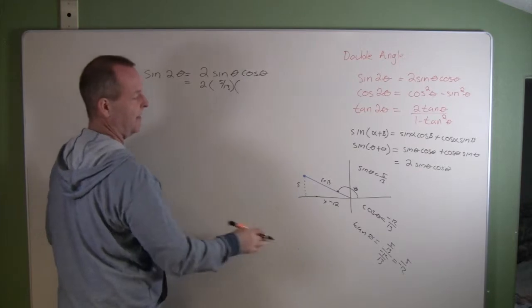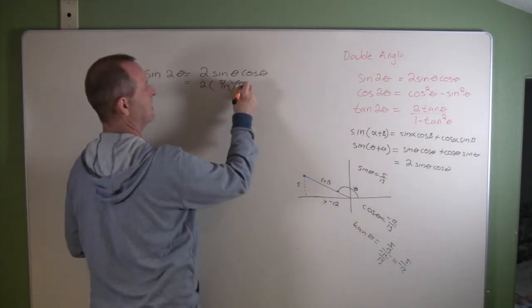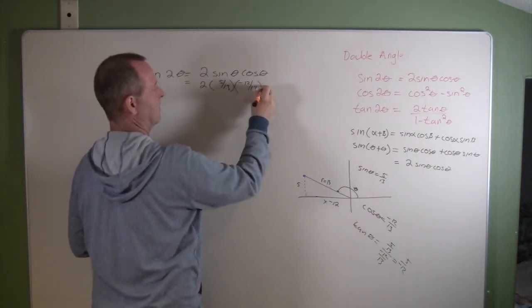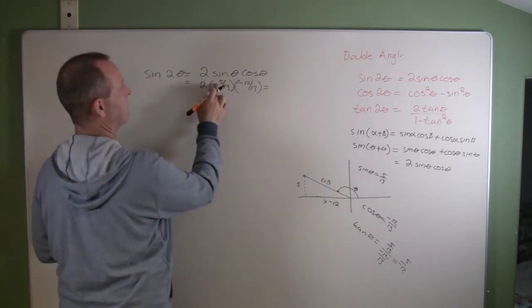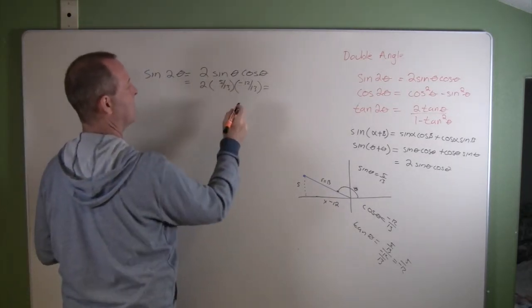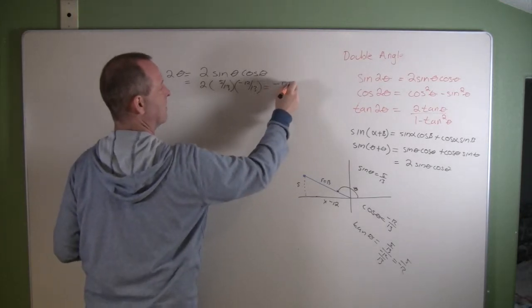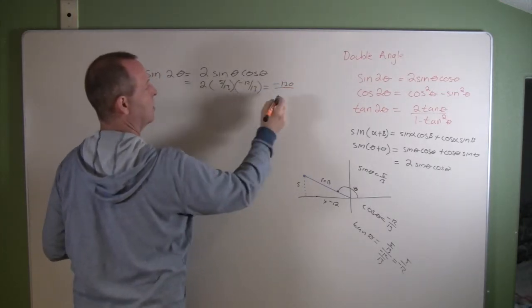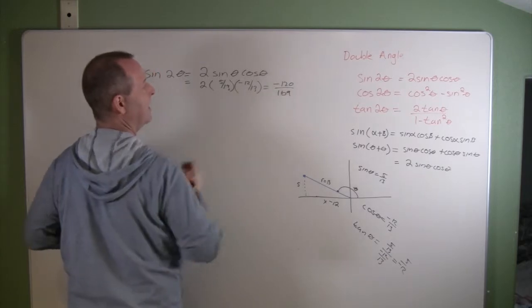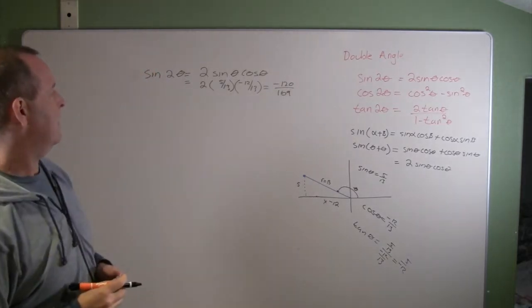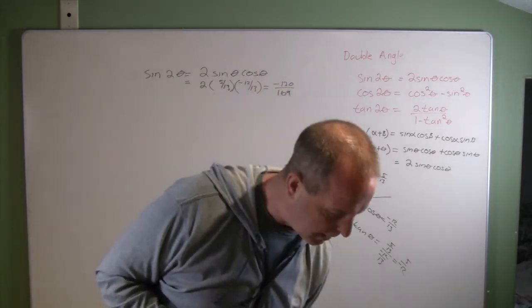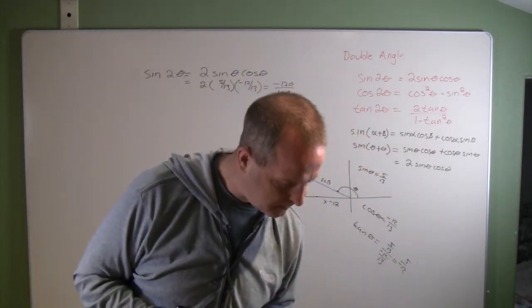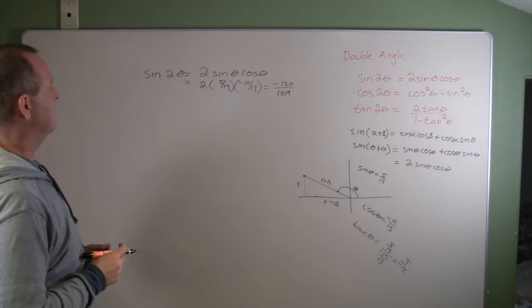The cosine of theta is minus 12/13. And I just need to multiply those out. So 2 times 5 times minus 12 gives me minus 120, all over 13 times 13, which is 169. And they don't look like they reduce right away. And checking my work earlier, nope, they do not reduce.